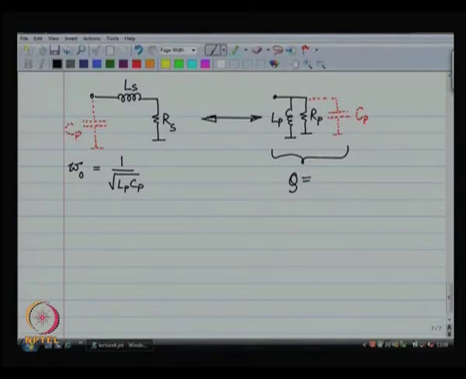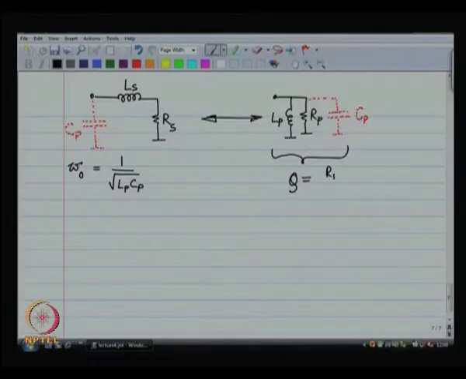Remember, for the parallel RLC network, if R tends to infinity, then the resistance is an open circuit, then it should have infinite Q. So, if R increases, my Q should increase. That is how I remember what is what. Okay.